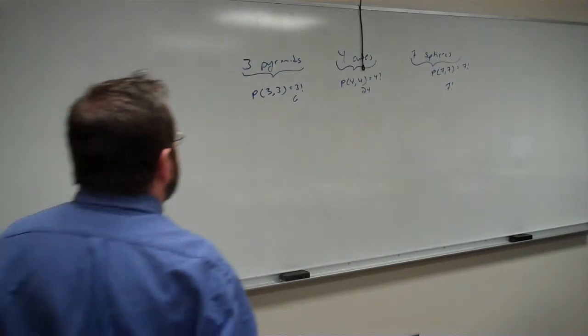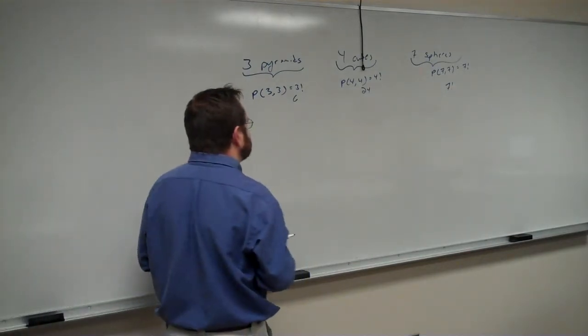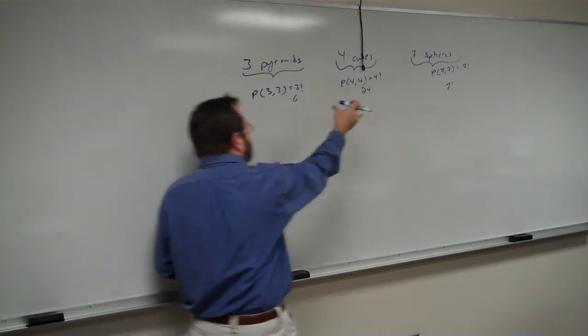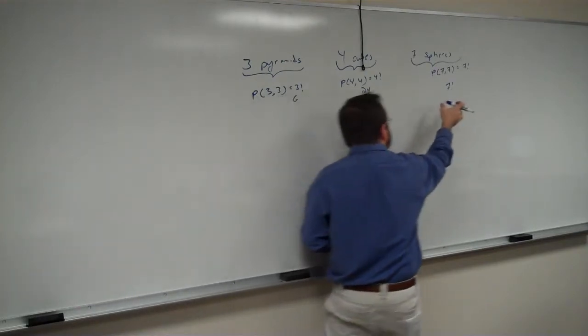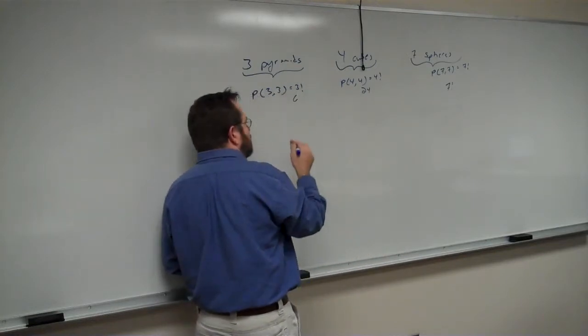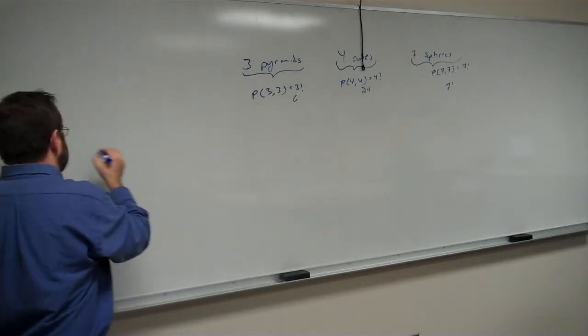So, we have to pick one of these 6 ways, and then one of these 24 ways, and one of these 7 factorial ways. Well, this is kind of like those tree diagrams, right?